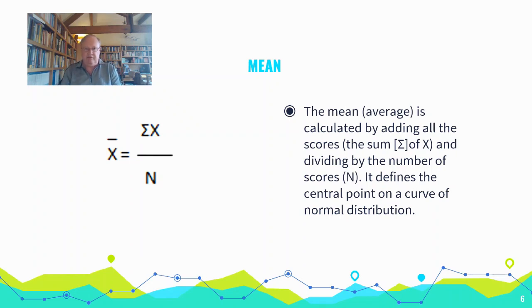Now let's look at the mean first. This is the average. And the definition of the mean, here we have the formula on the left hand side. And I will read this formula to you and then I'll explain it. Here is x. And x we normally use for an individual score. When we put a bar over it, it stands for the mean or the average of all of the x's.